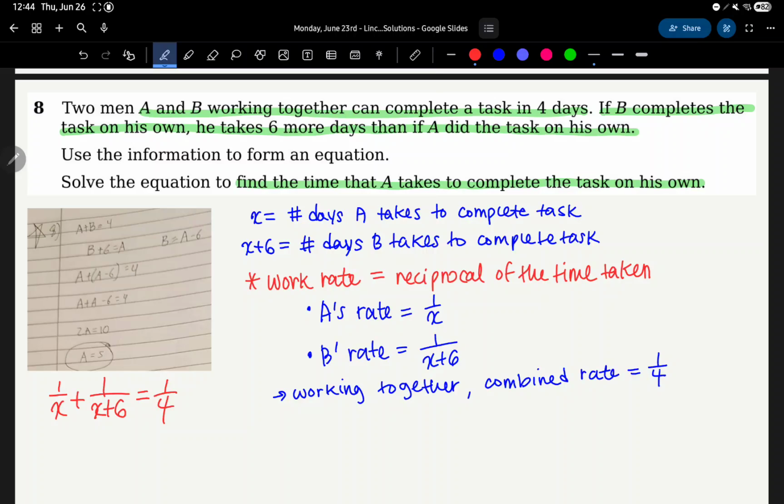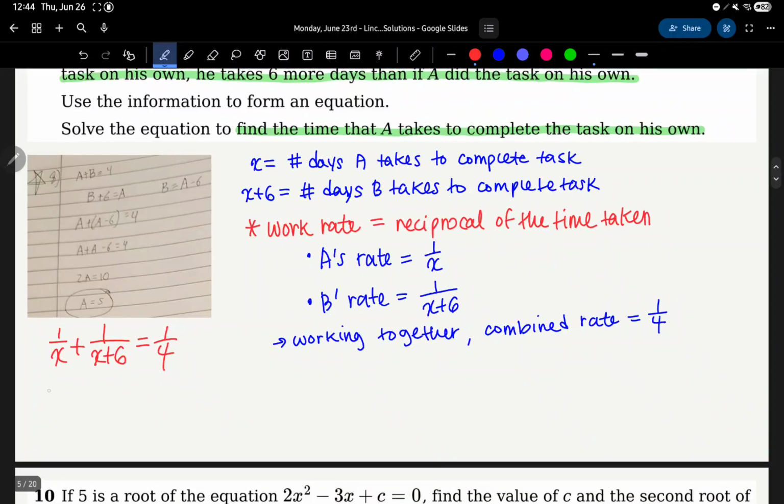So from here, what we can do is eliminate the denominators by multiplying through by 4x times x plus 6.